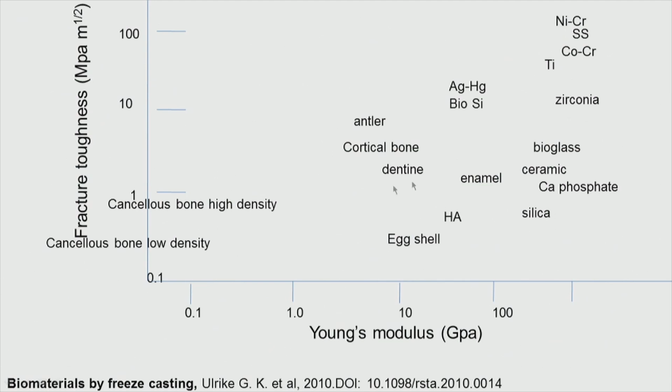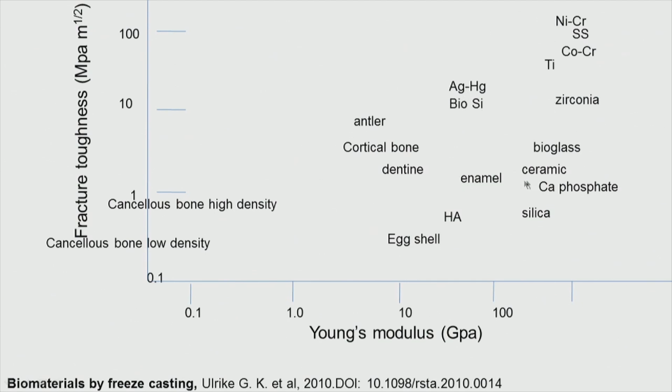So, as I said, these bones have very low fracture toughness. Here comes dentin, that is the surface portion of your tooth, cortical bone, enamel, they have quite low fracture toughness. Then ceramic, calcium phosphate, silica, bioglass, mercury amalgam, biosilicate, zirconia, they all have much lower.